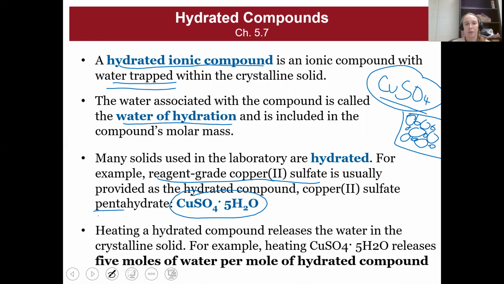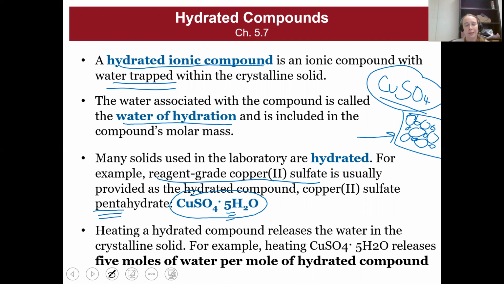So we're going to use those prefixes that came up in the covalent compounds. We're going to use those prefixes with our waters. So pentahydrate means there's 5 waters associated with the copper sulfate molecules. So for every 1 copper sulfate molecule, there are 5 waters associated with that copper sulfate molecule inside of the crystalline lattice.